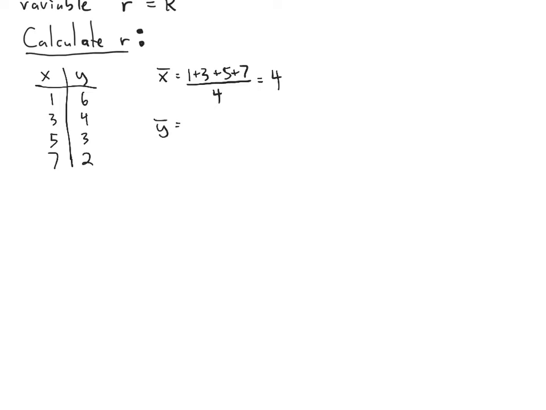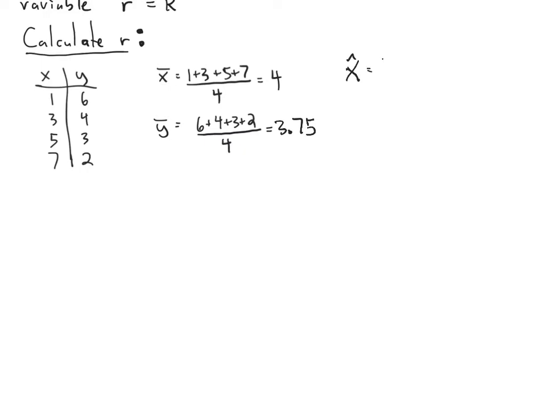And for y, the average is 6 plus 4 plus 3 plus 2 over 4. You can check that that is 3.75. So we have our averages for x and y.